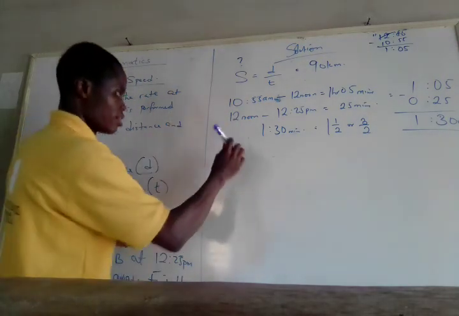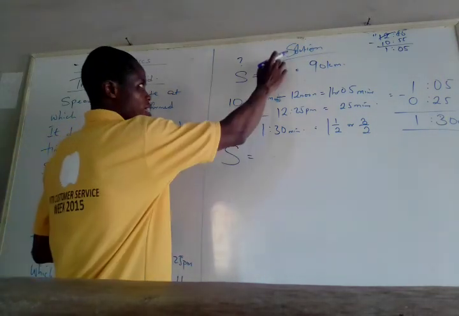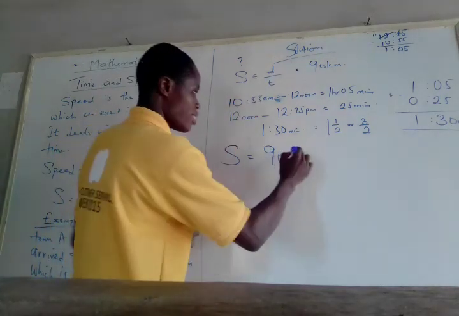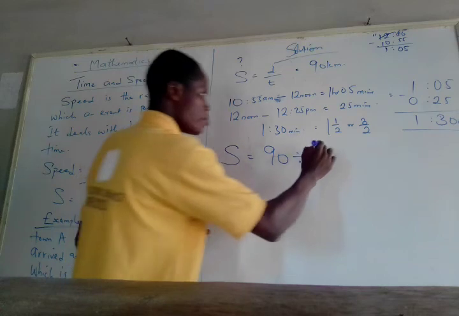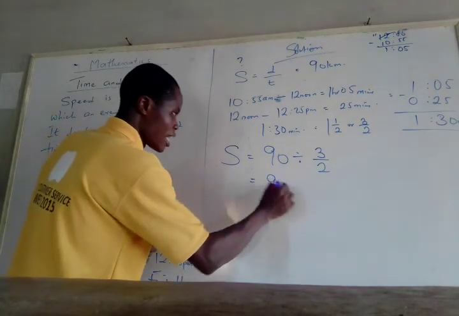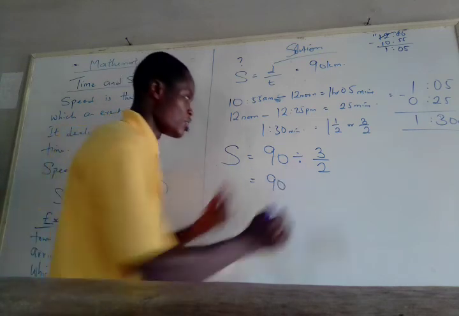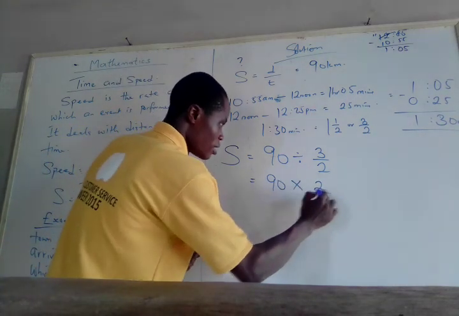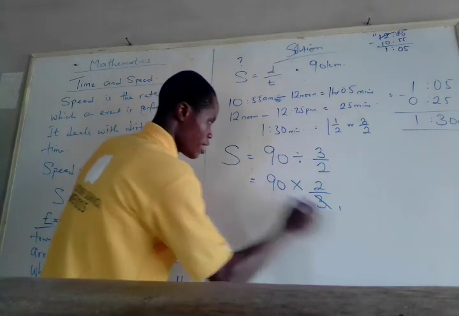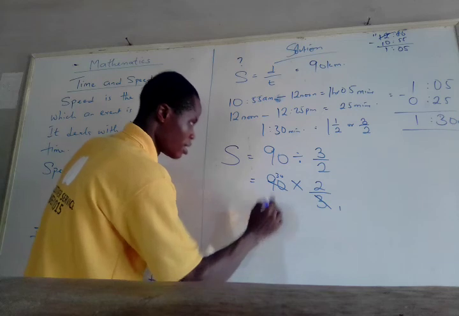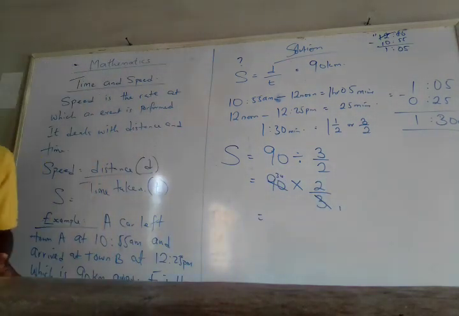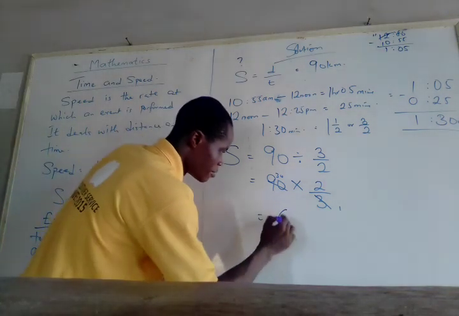Now, going back to our formula, we already have distance 90 divided by 3/2. Are you getting it now? So this becomes 90, and from our knowledge of fractions, the division changes to multiplication and the fraction becomes 2/3. And then you have 3 into 90, 30, and 30 times 2 gives you 60.